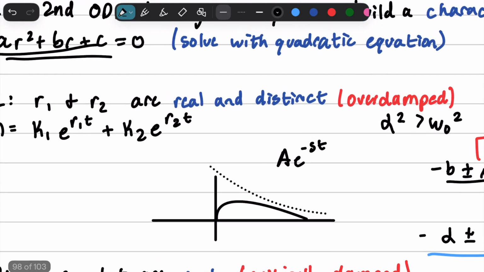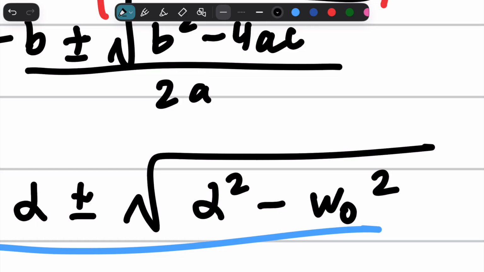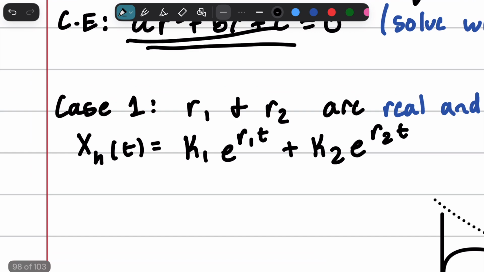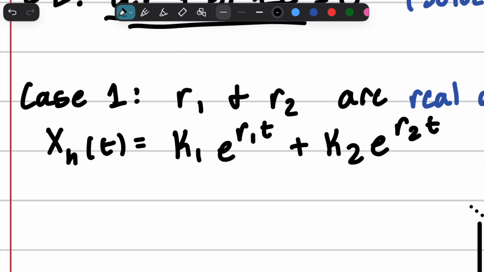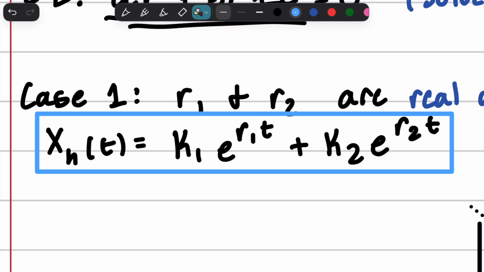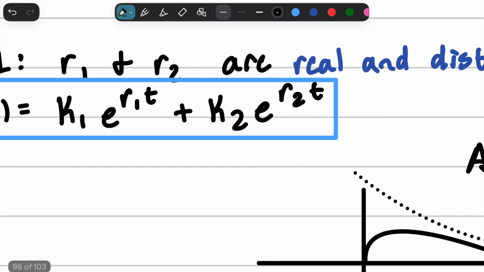And so we have an overdamped situation when this guy becomes positive. Okay, so what does that mean? Well, first of all, it's going to have the form of this, and this is something you're going to have to memorize. This is something that you would have learned in differential equations.